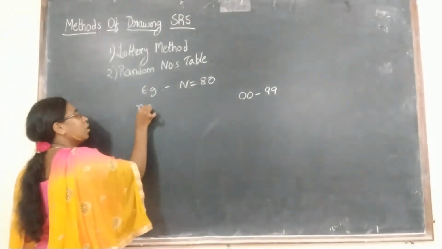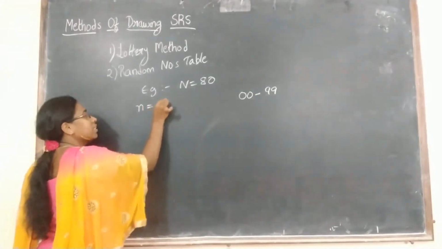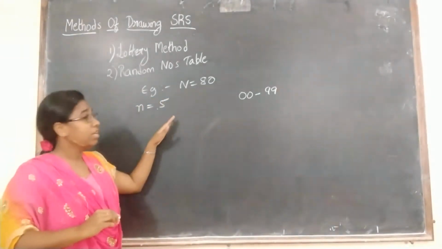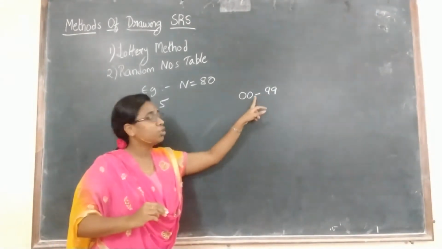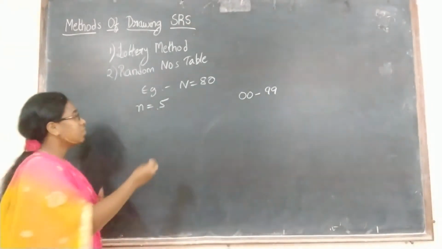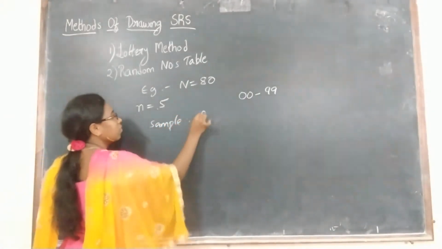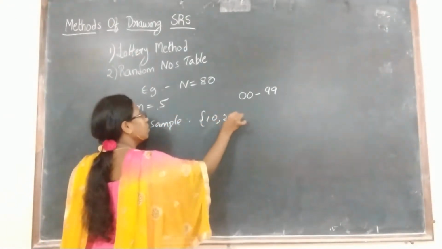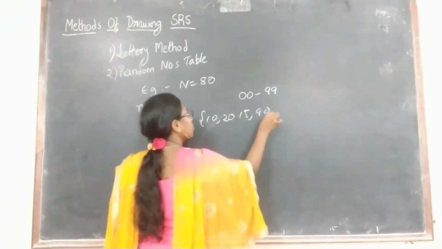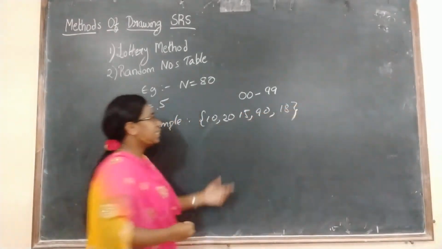Now I want a sample of size 5, so I will select 5 numbers from 00 to 99. Suppose these are the 5 numbers.